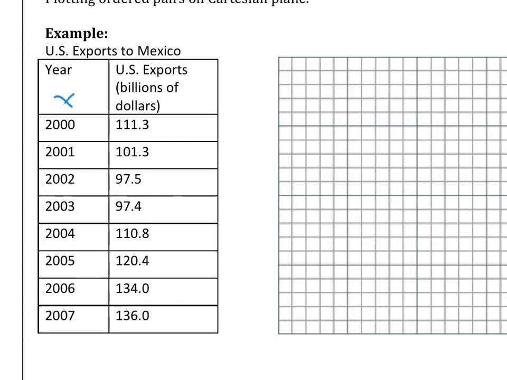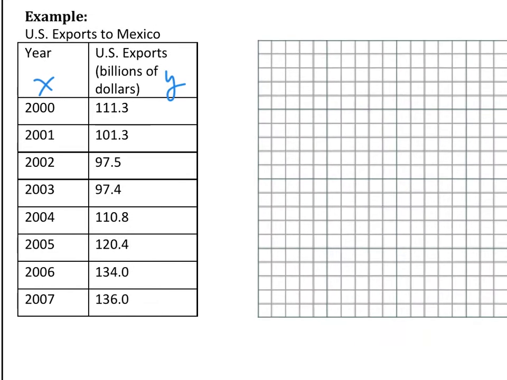Year. Why is that? Yeah, it's an independent variable, meaning it doesn't matter what happens, it keeps going. Y is the dependent variable, so it depends on the year. So y is always dependent on x, so that's how you draw it.